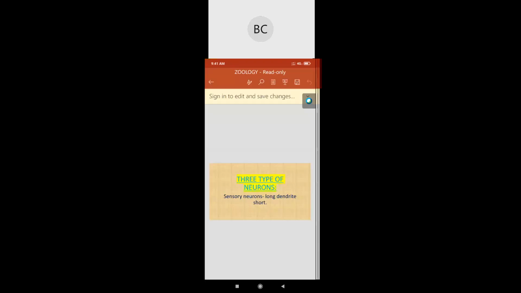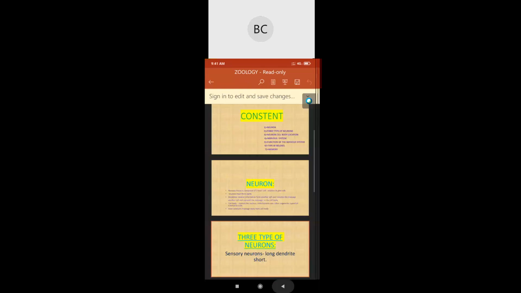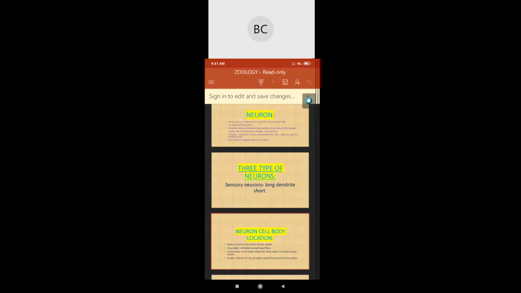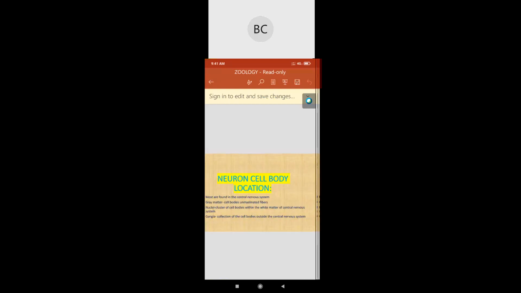There are three types of neurons. Sensory neurons, long dendrite, short axon. Neuron cell body: most are found in the central nervous system.